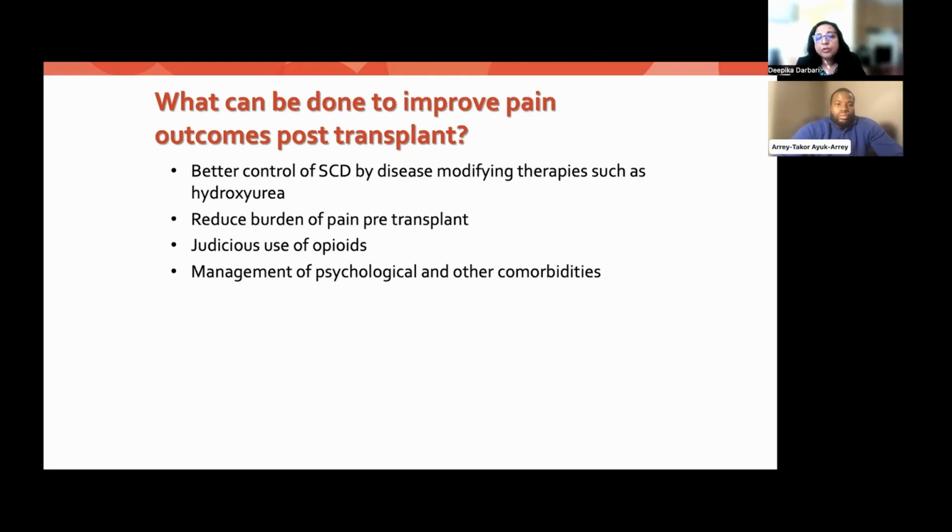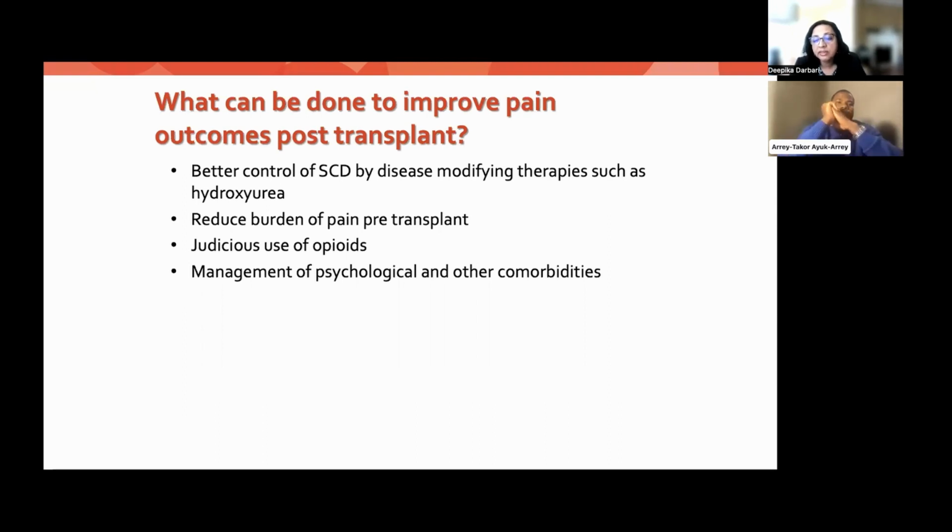So what can we do to improve pain outcomes? Obviously, when our patients go through transplant, we want them to feel better, and hopefully the pain also goes away. So what can we do prior to transplant? These are some of the strategies we hope everyone can use. First is better control of sickle cell disease, such as disease modifying therapy.